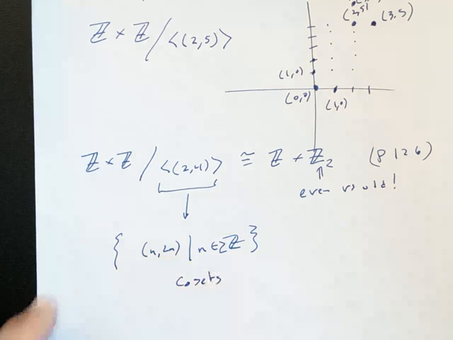What do cosets look like? If I add a number in the y variable, my second coordinate, I don't change anything in x at all. I still have that same evenness in the first coordinate.